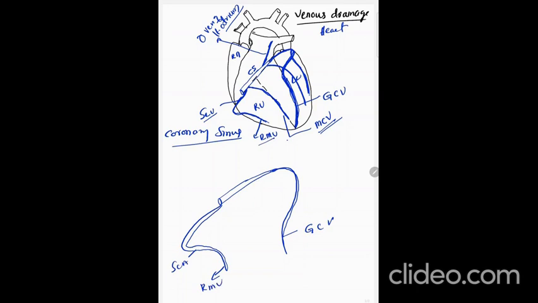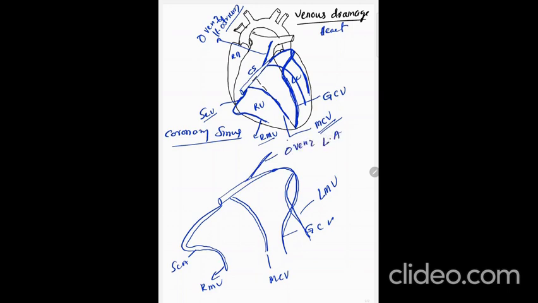Then in the middle portion we have the middle cardiac vein. Here we have the left marginal vein. And from here, which vein is there? That is the oblique vein of the left atrium.